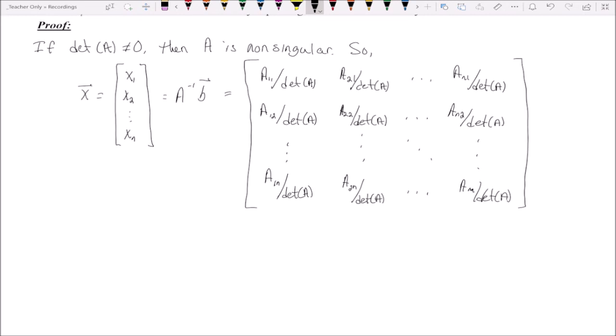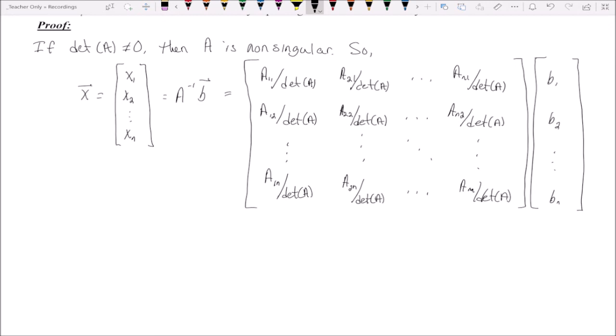So that is A inverse by corollary 1, and then times our B vector, which is that.